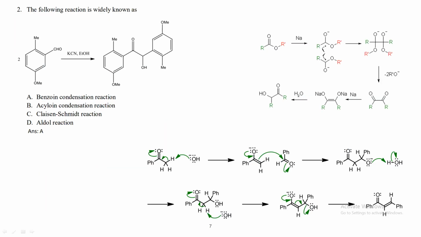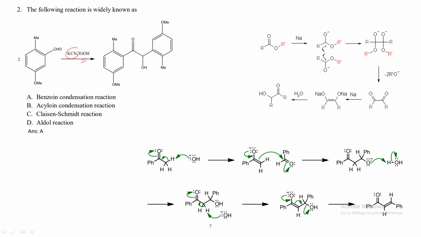Now moving on to the next problem. This is an easier one. I have discussed it earlier also. So let's see. This is the starting material, used in two equivalents, and the reagent is KCN in ethanol medium.